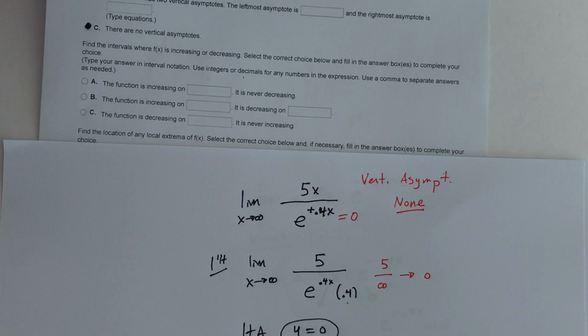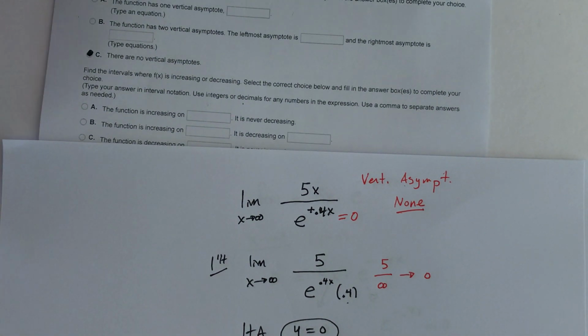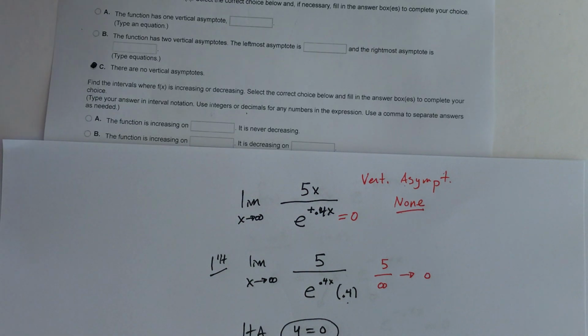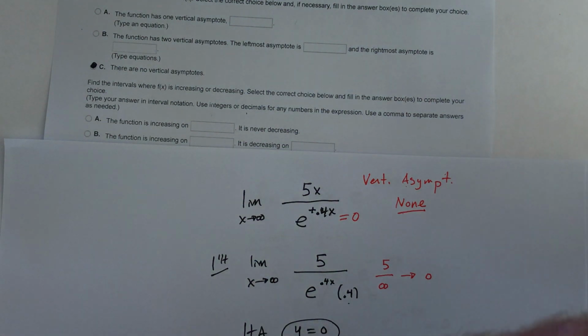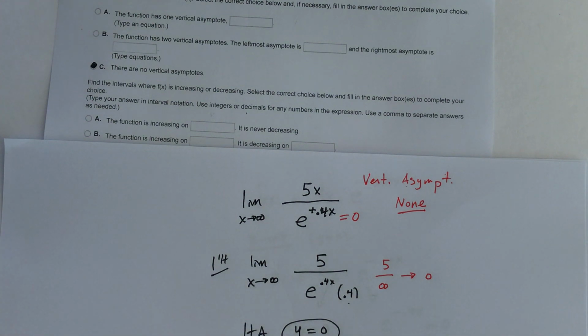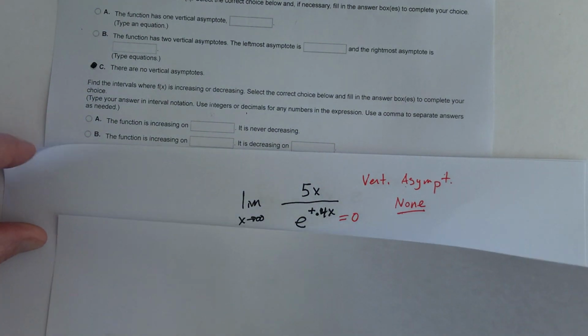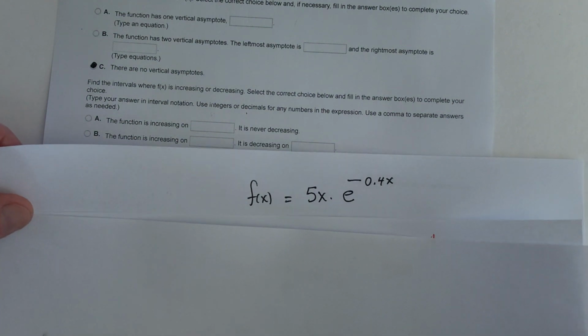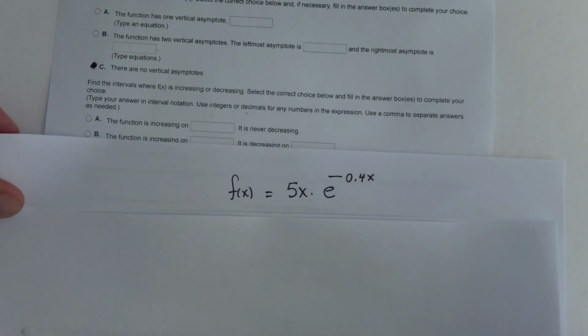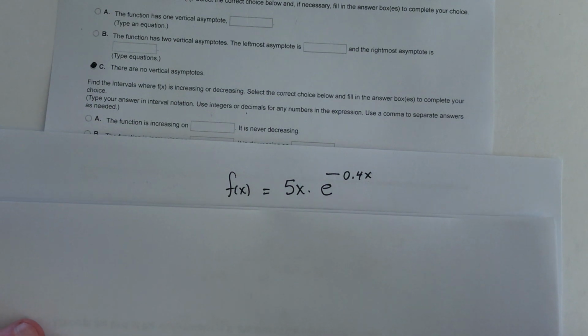And then where is the function increasing and decreasing? Looks like I need a new paper. So I'm going to go back to how the function was at the beginning.